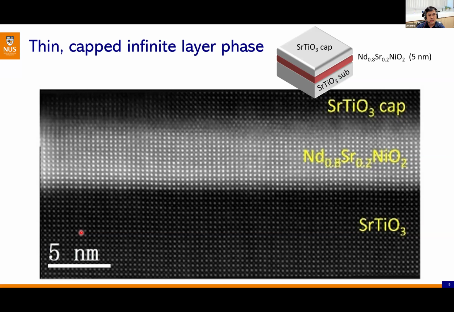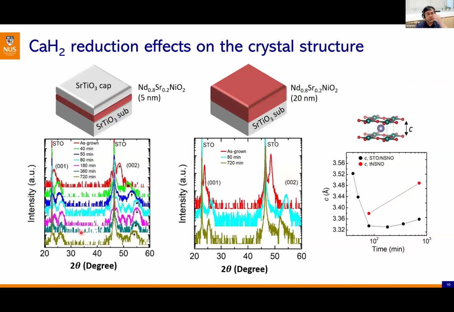And then based on this, we try to do a comparison study in terms of the effect of these reductions using two different states of samples. The first one is thin, less than 6 nanometer, and capped with the STO layer. And the second one is the thick NSNO, presumably ultimately doped in this case, 20 nanometer without capping. As you can see from this XRD, the infinite layer 5 nanometer capped with STO shows almost no obvious defects in the STEM image.